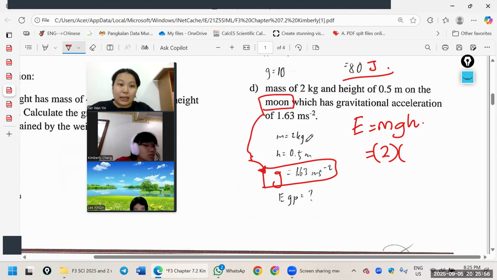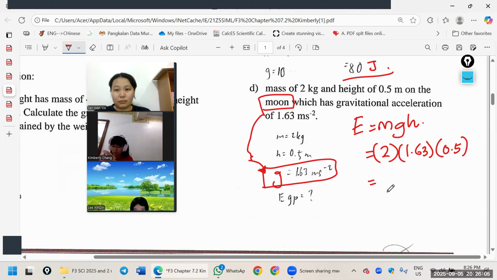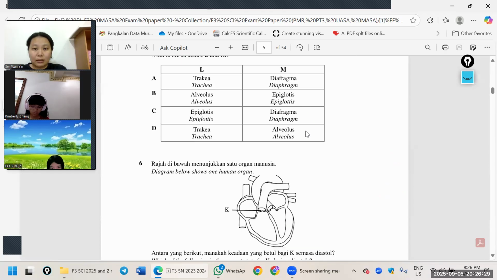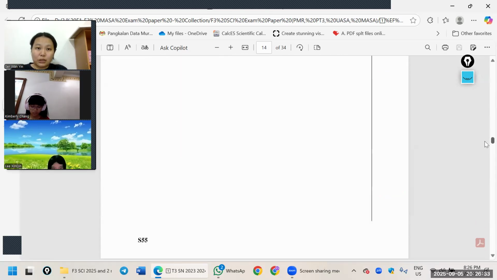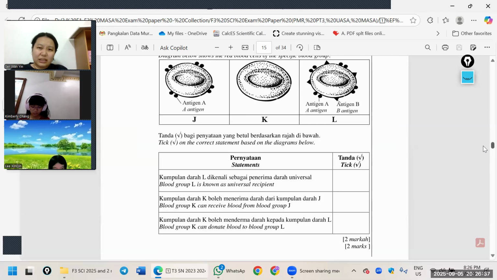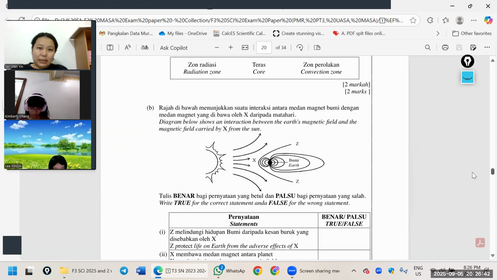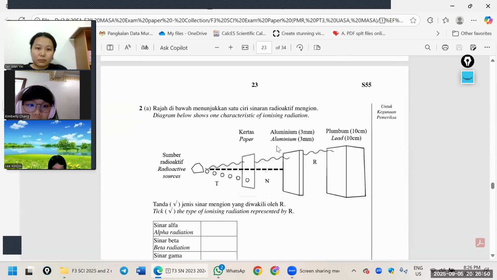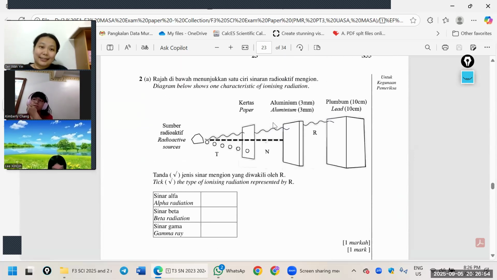moon. This is the G for the moon. Okay, this one, read, next week is very big, finish all. Especially actually in front very easy lah, but especially the bahagian C, bahagian C. Nah, see, radioactive.